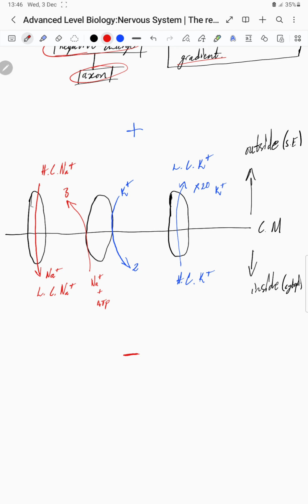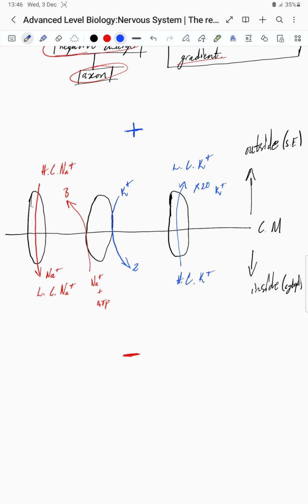So the difference in charge is so high that the negativity of the inside of the cell becomes very high, and the outside becomes more positive, because more ions are being brought outside the membrane and fewer ions are being brought inside.